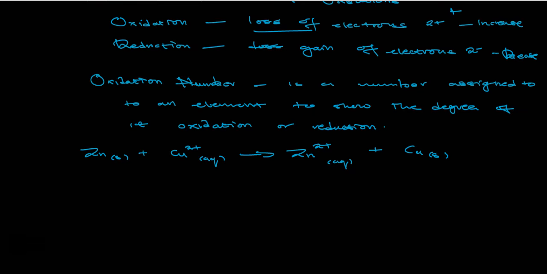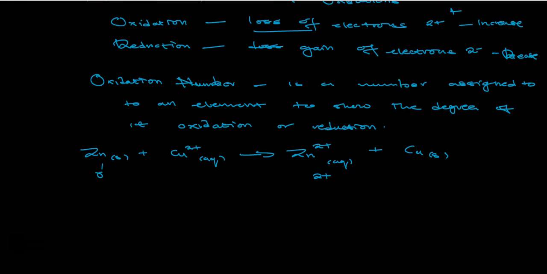So this causes us to know about oxidation numbers. As we can see here, elements in their normal state have an oxidation number of 0. Here, from 0, zinc has been oxidized to 2.